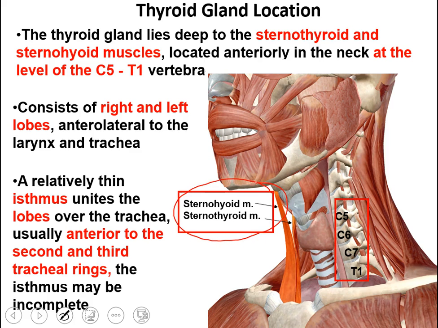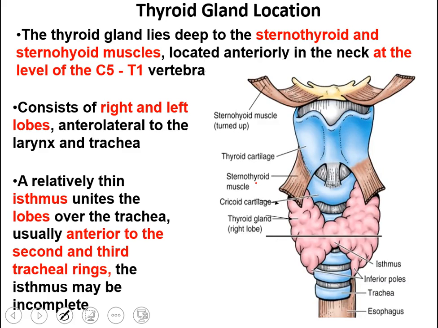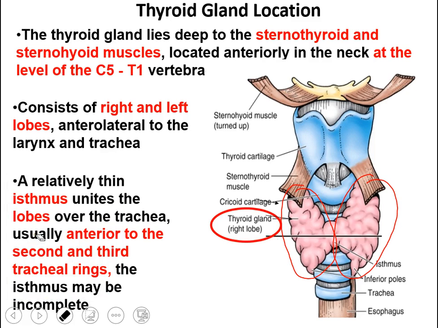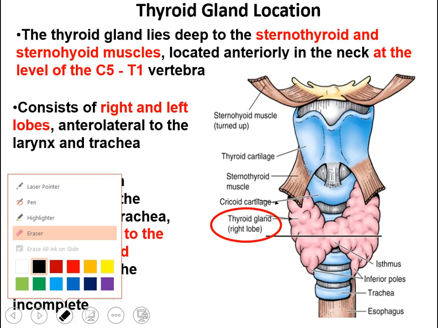In 50% of thyroid glands, there are two lobes, and those two lobes, as it's shown on this slide, are united in front of the trachea, specifically in front of the second, third, and fourth tracheal rings. Each lobe has a pear-like shape and has an upper pole and a broader inferior pole.